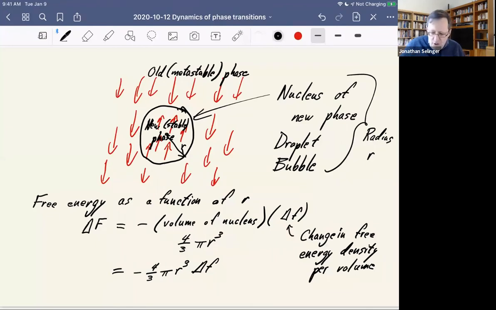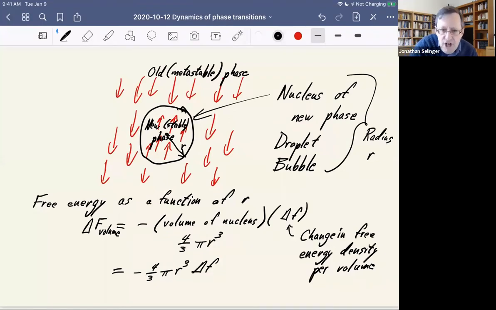Okay, so this is one contribution to the change in free energy when we create this nucleus of radius r. I'll call this the delta F associated with the volume. But this is not the only change in the free energy.